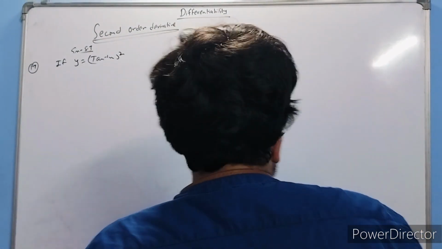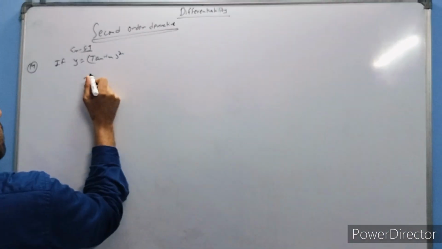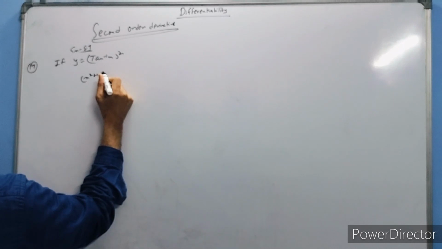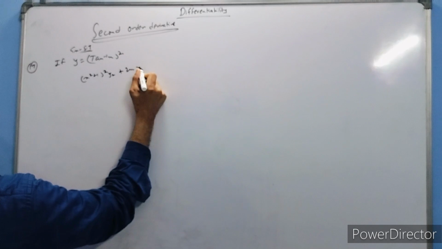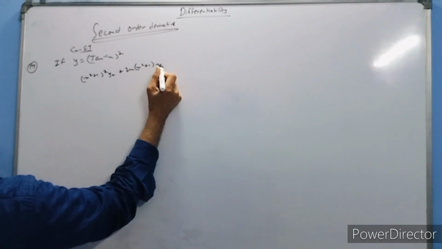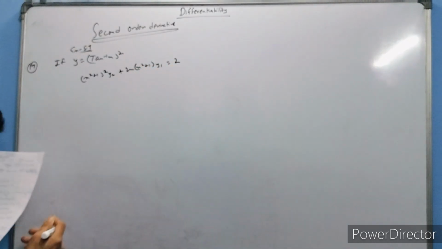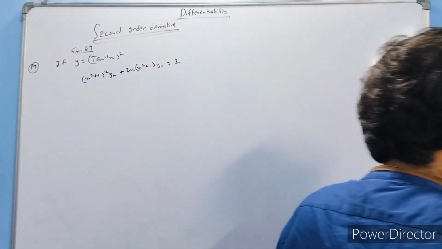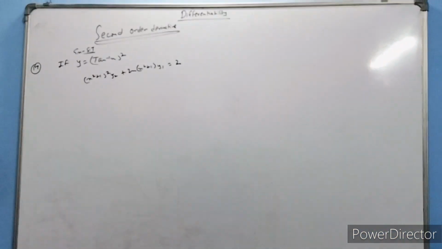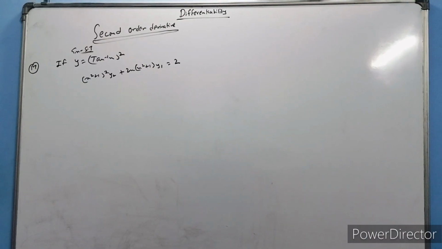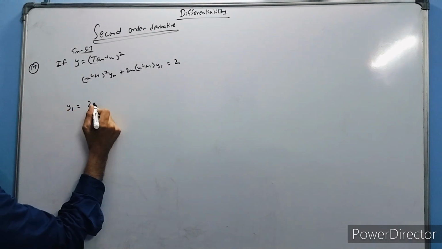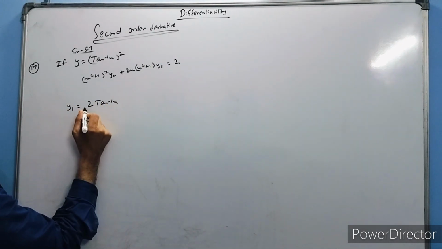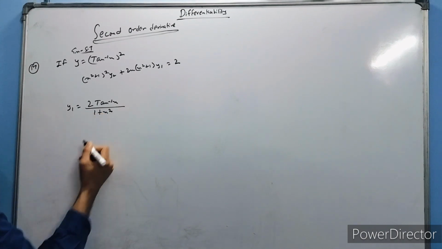What we need to show is x square plus 1 whole square y2 plus 2x into x square plus 1 y1 is equal to 2. Okay, now let us try to solve this. Now we'll prove this as, first y1 will be 2 into tan inverse x upon 1 plus x square.